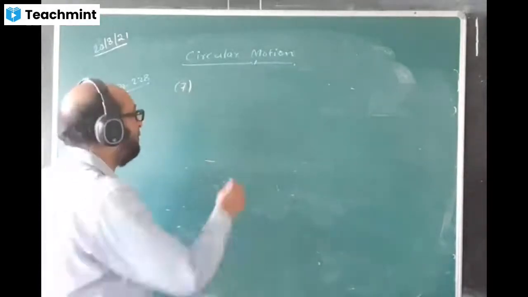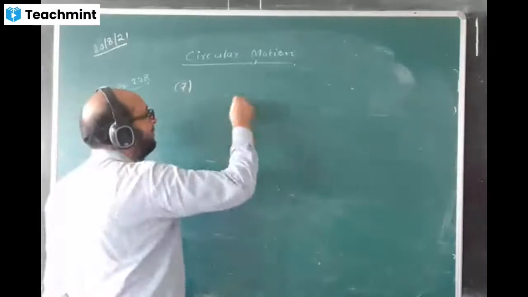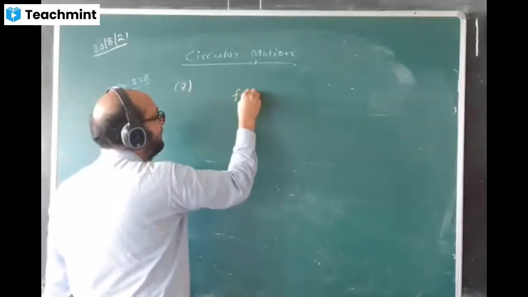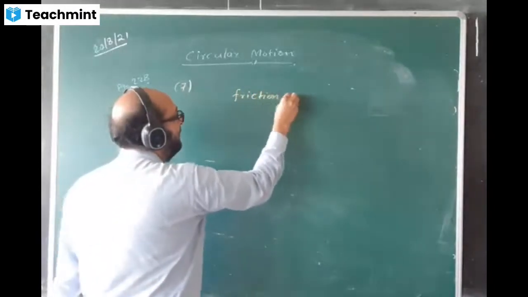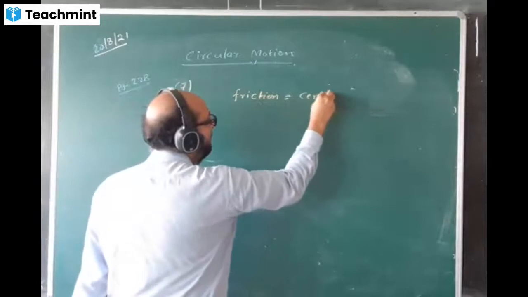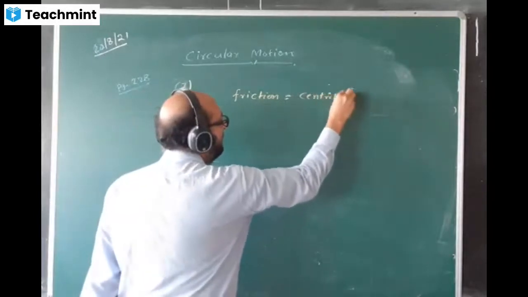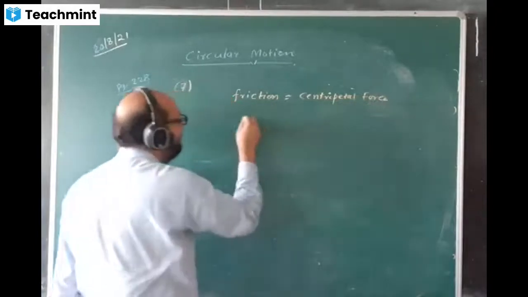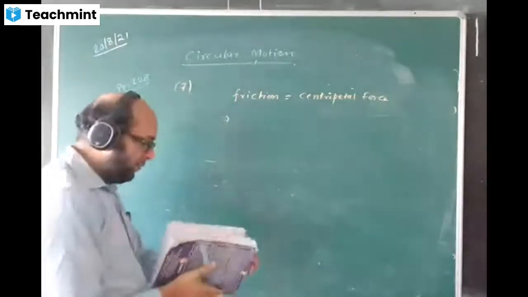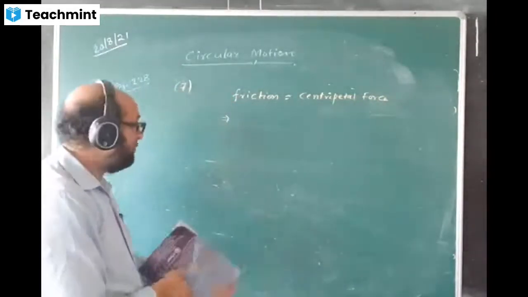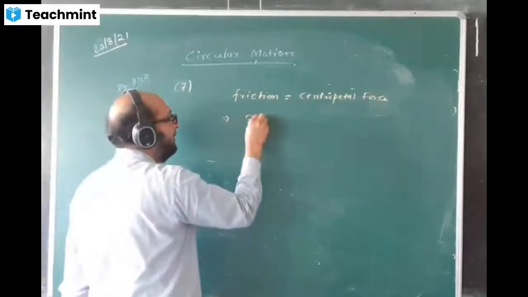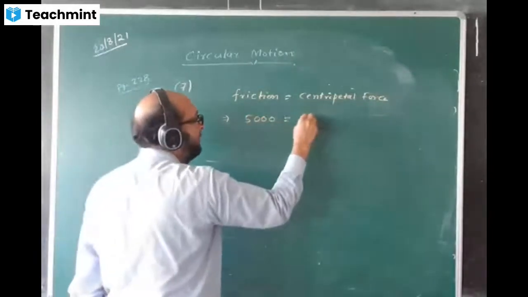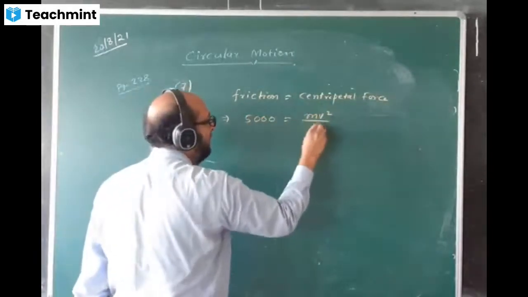Friction value is given. So we know that while taking a curve, friction gives the centripetal force. We can equate friction to centripetal force. Friction value is already given in the question: 5000 Newton. The centripetal force formula is mv square by r.